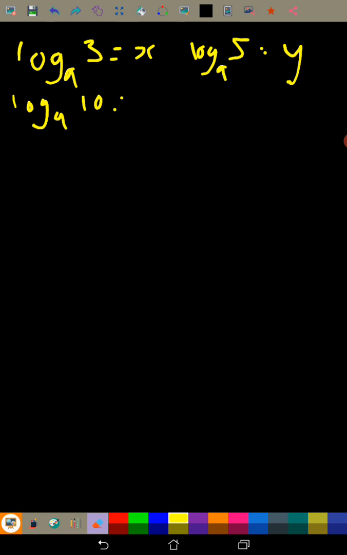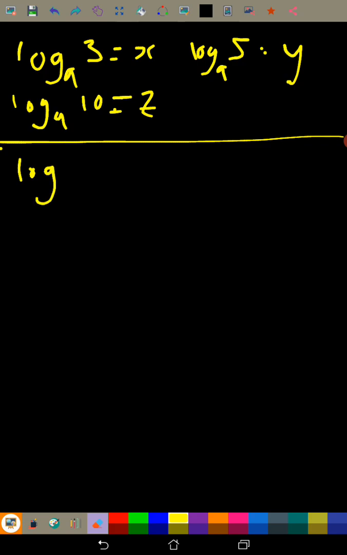And then we have to work with this. We have log a of 50, sorry. What we have to do is express this in terms of what is given above.